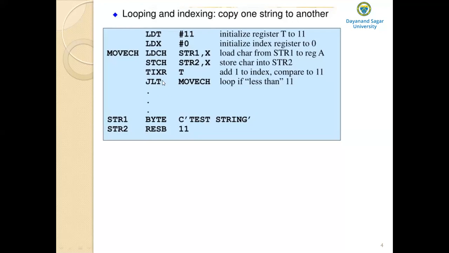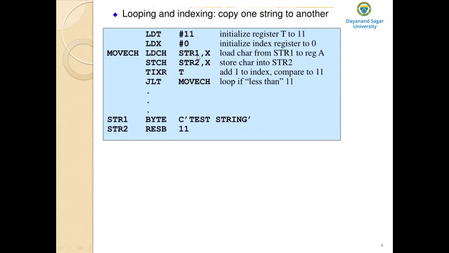Suppose the value in the index register is less than the value in T; then it means you have not copied all 11 bytes. So what conditional jump instruction do you have to execute? Jump if less than, and go on copying. Go to the label, move character. To which instruction do you give this label? The LDCH instruction.